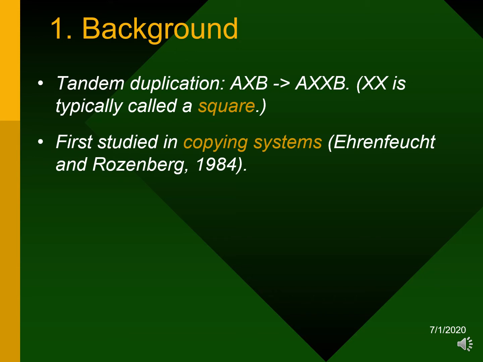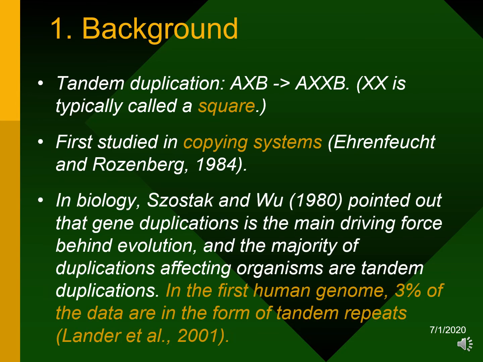First studied in copying systems as early as 1984 by Ehrenfeucht and Rozenberg. In biology, in this famous paper by Ohno, they pointed out that gene duplication is the main driving force behind evolution, and the majority of duplications affecting organisms are tandem duplications.